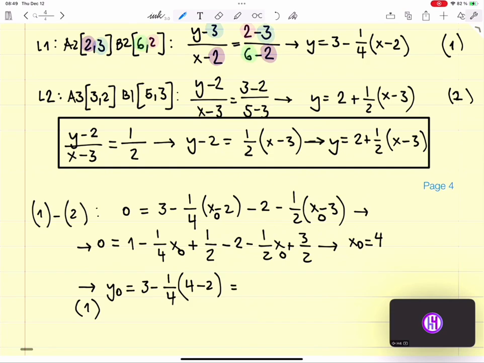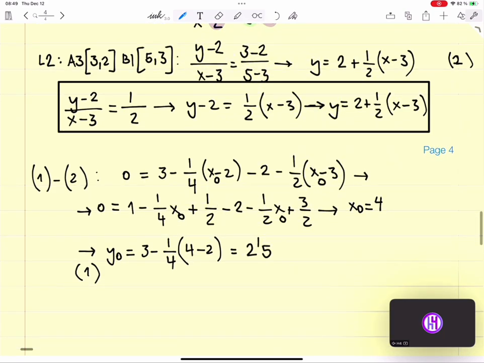So y0 is 2.5. Okay. So we know that our line goes through the point x0, y0 equal 4, 2.5.